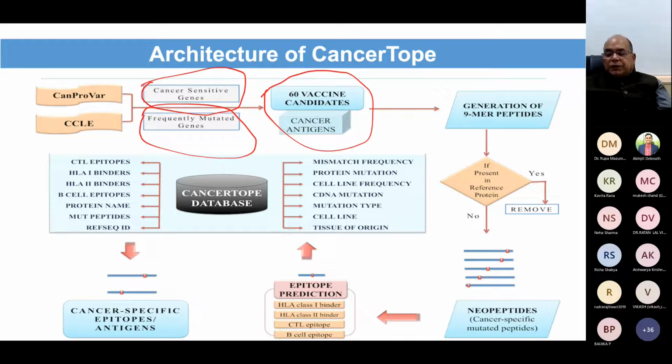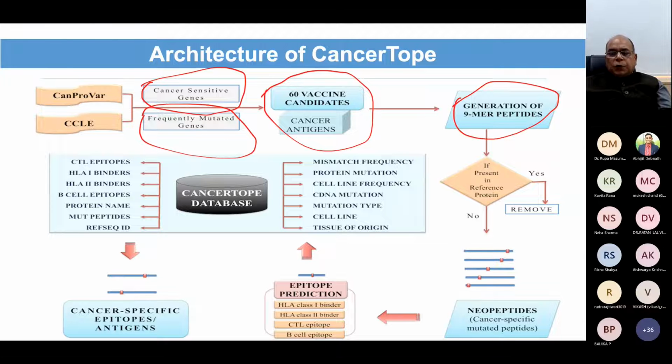Then the next part, what we did: we generated the 9-mers, because our immune system, MHC binders or HLA binders, recognize at least 9 amino acids, meaning a peptide of 9 amino acids. So we generated all possible 9-mers, and then we checked whether the same peptide is available in normal cells or not.